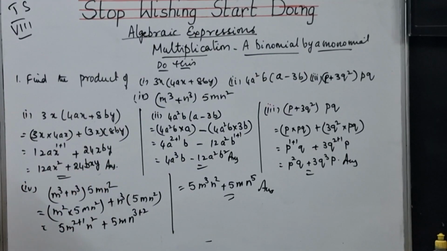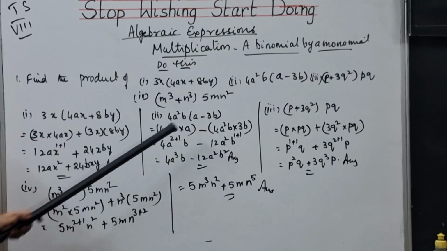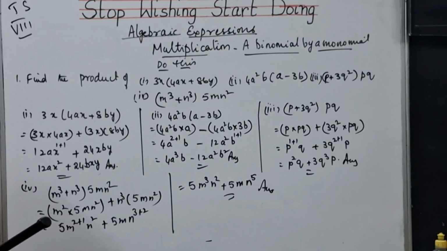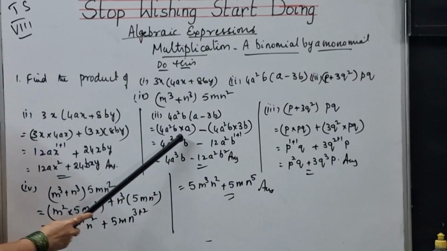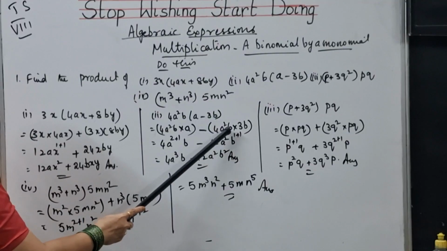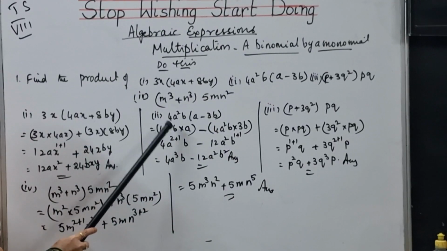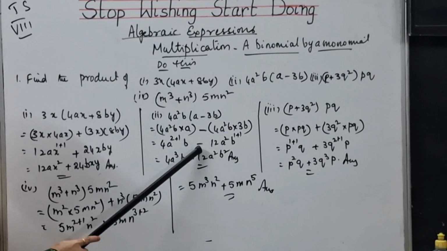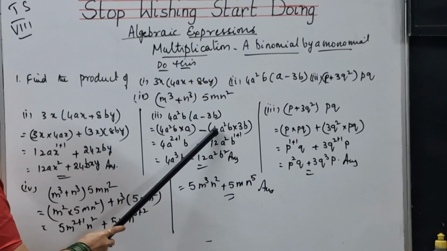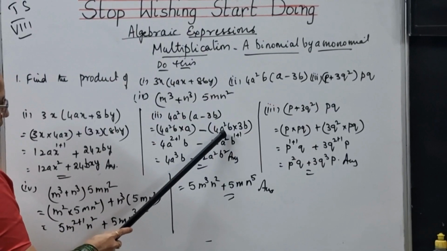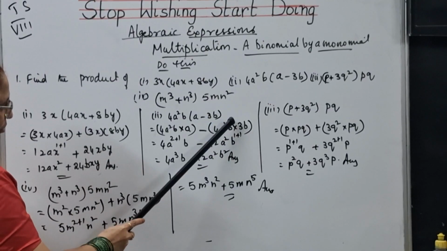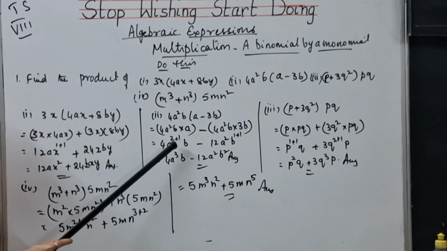Okay. Now second one, 4a square b into a minus 3b. That is 4a square b into a minus 4a square b into 3b. So 4a to the power of 2 plus 1 into b minus 4 3s are 12 a square b to the power of 1 plus 1, that is 4a cube b minus 12a square b square.